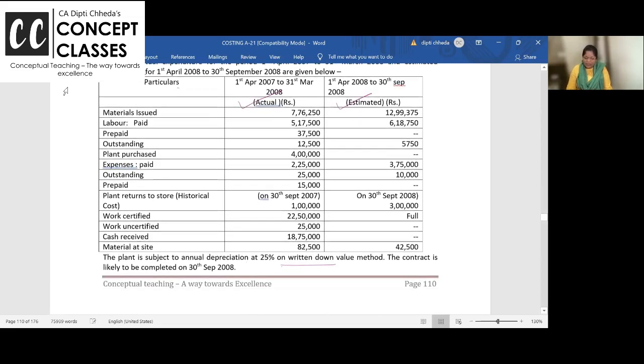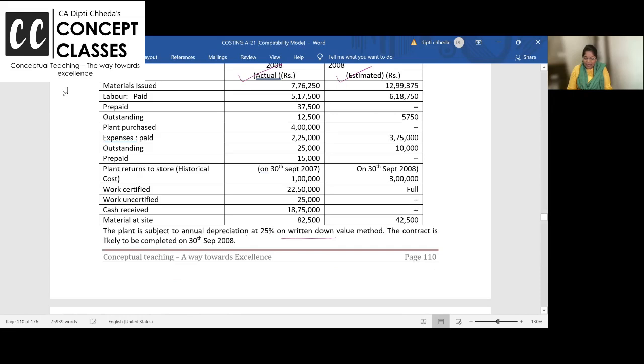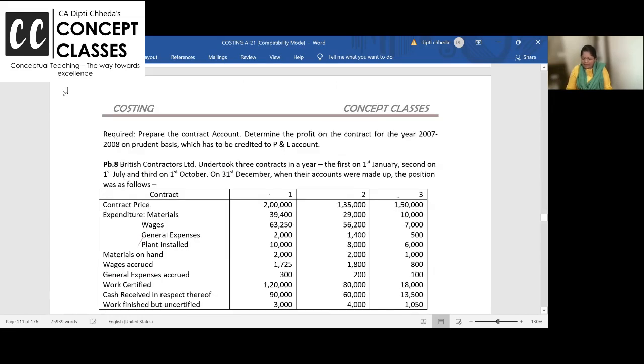Because this problem is easy, they have added the outstanding and prepaid items. How to deal with that, I will tell you. Prepare the contract account and determine the profit on the contract for 2007 and 2008. Then they are asking you to estimate the profit for the whole contract, which we can also do.